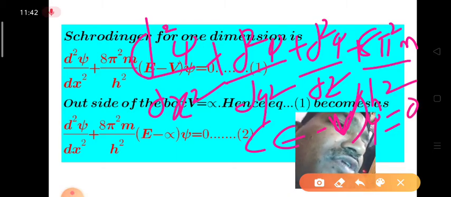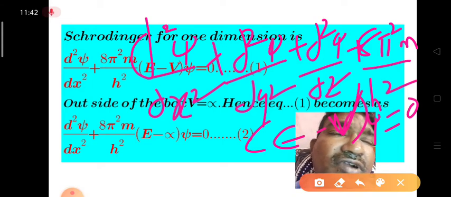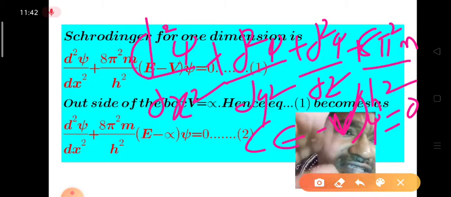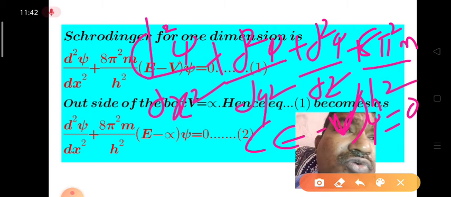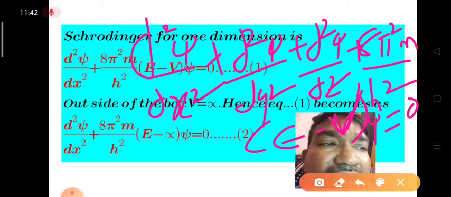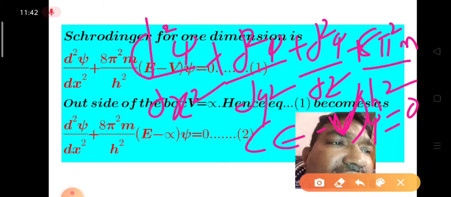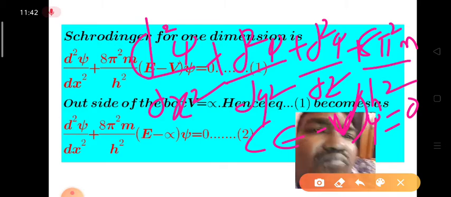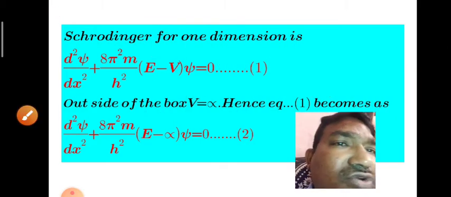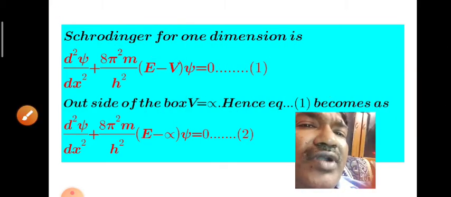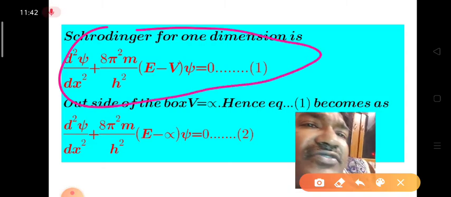So this is the Schrodinger equation. Here all three directions are covered: x-axis, y-axis, and z-axis. Here we condense this equation to one direction only, one dimension only. The Schrodinger equation, when condensed to one direction, becomes like this.